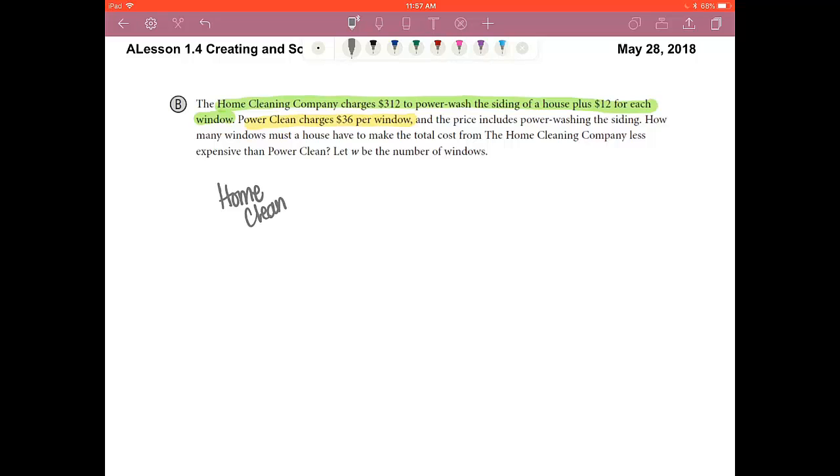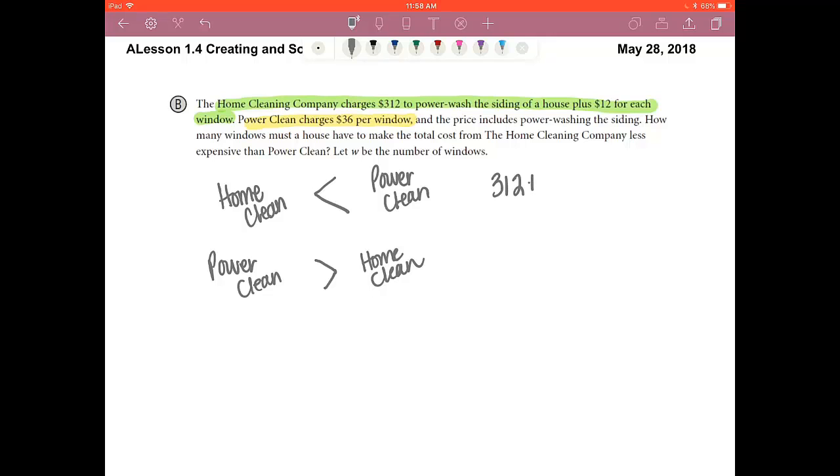less expensive than Power Clean? So we want home cleaning to be less expensive than power cleaning. I can also say I want power cleaning to be greater than home cleaning. Either way I write this is fine. Home cleaning is $312 plus $12 for each window.